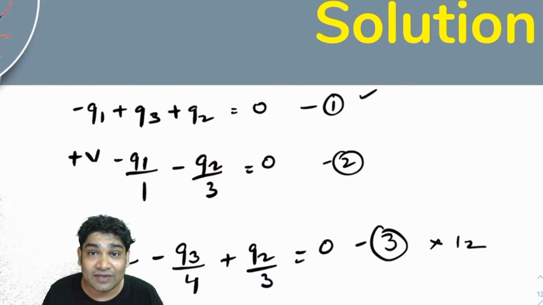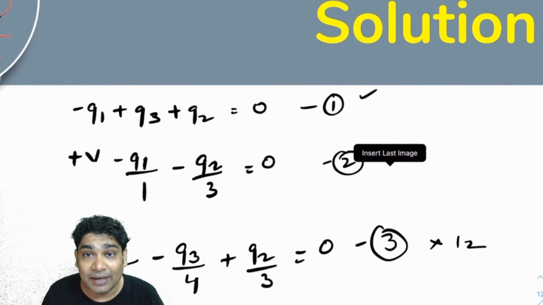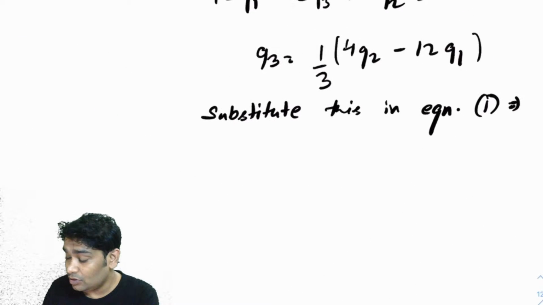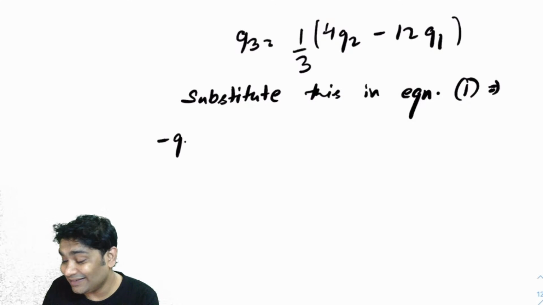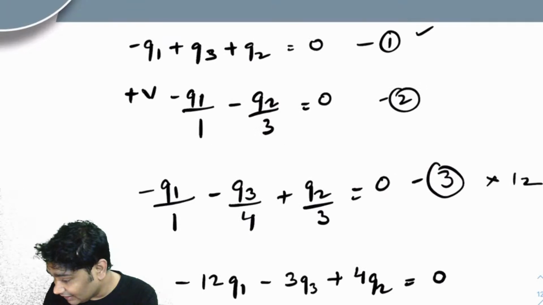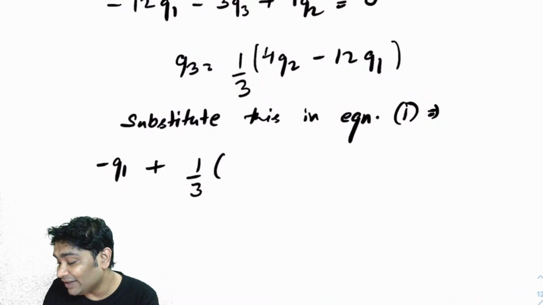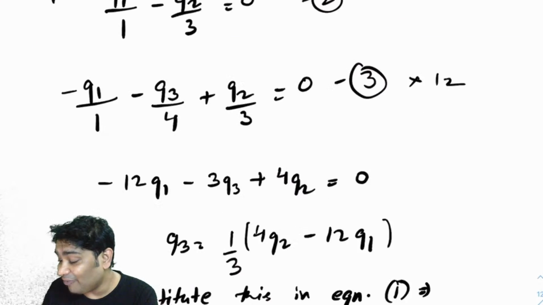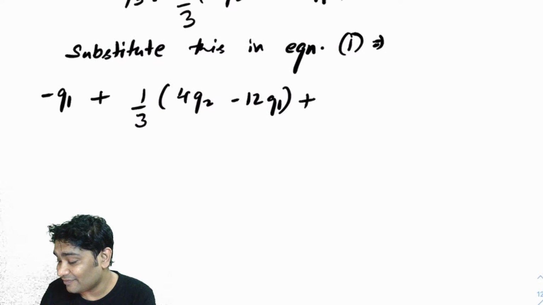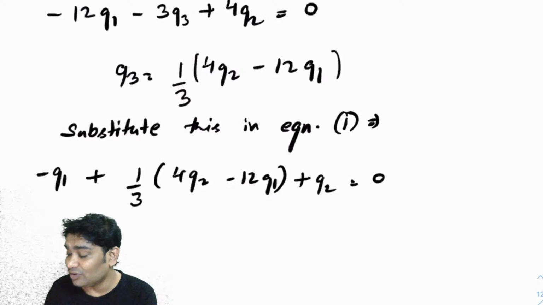When we substitute this value in equation number 1, I am getting minus q1, and then I had plus q3, which I will write as 1 over 3 (4q2 minus 12q1). Alright, and then I have plus q2, and this is equal to 0.